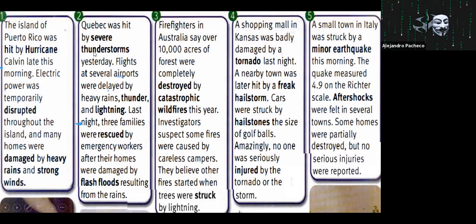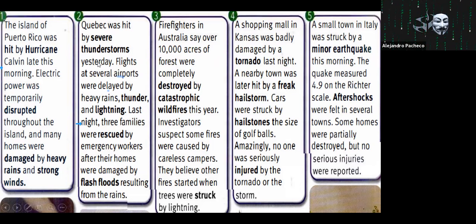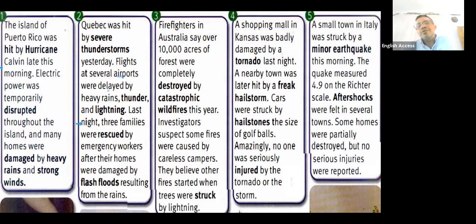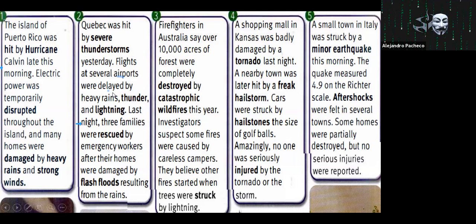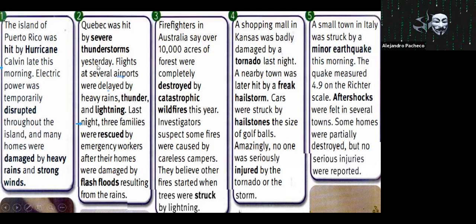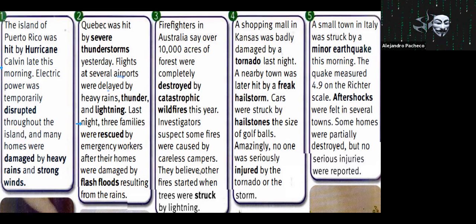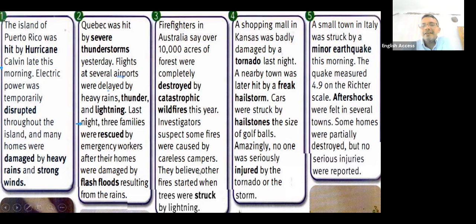Severe thunderstorms. Thunderstorm. Remember? It's a compound word. Thunderstorms, with an S at the end because it's plural. You have thunder. Remember that cartoon, He-Man?